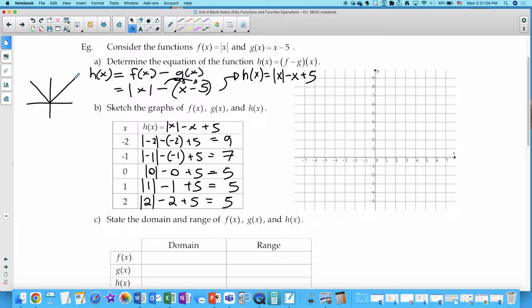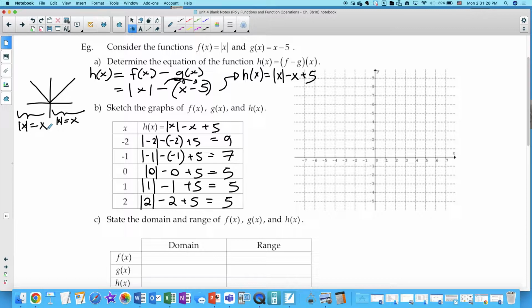So when x is greater than or equal to 0, the absolute value of x equals x. It's like the function y equals x. But here, the absolute value of x equals negative x. Okay? It is difficult to predict that this is going to happen, though.